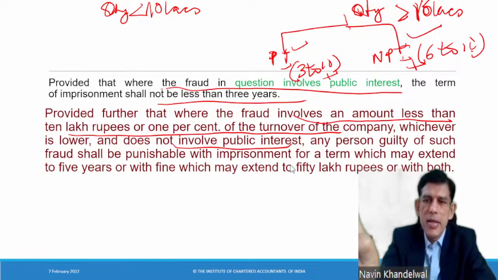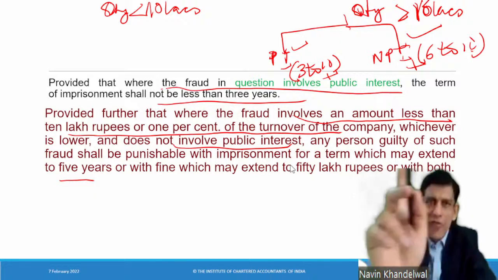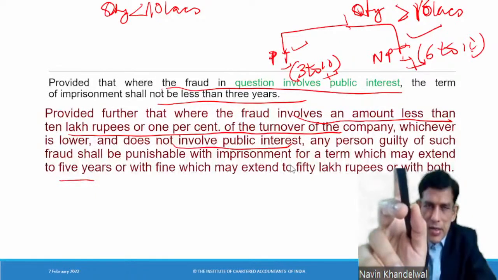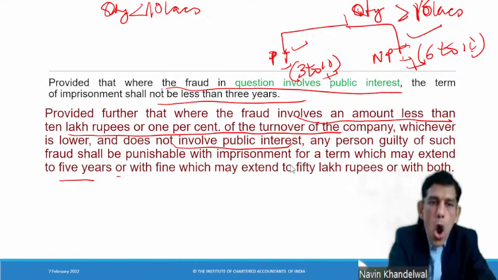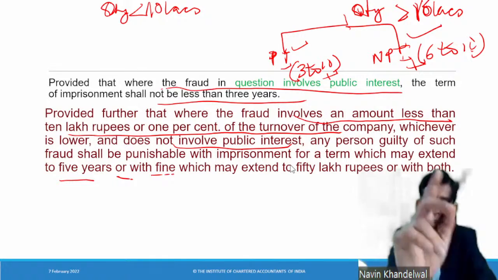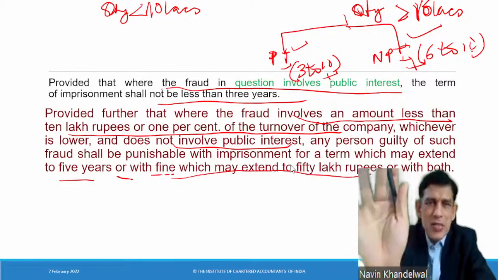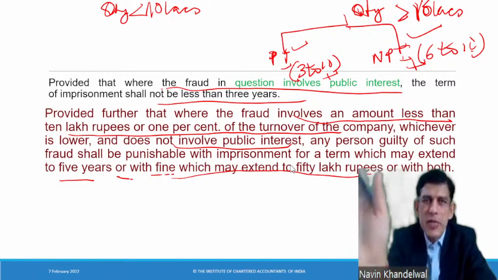Then imprisonment for a term which may extend to 5 years or with fine. Here it is plus, but here it can be imprisonment or fine, which may extend to 50 lakh rupees. So fine has been limited to 50 lakh rupees, or with both.